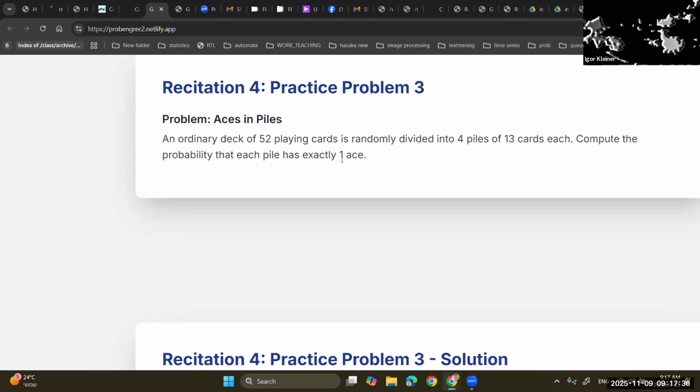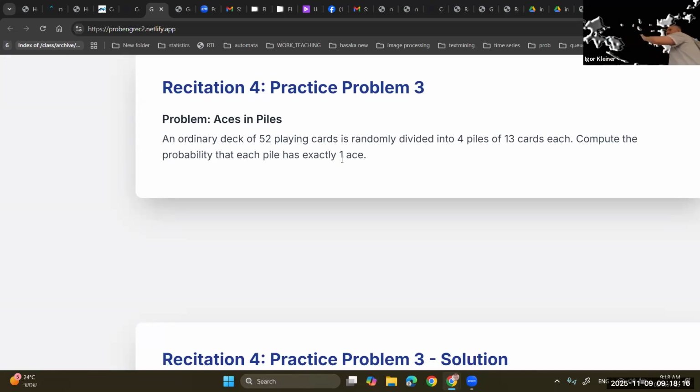It says the probability of the intersection, for example, A1, A2, A3, and A4, equals the probability of A1 times the probability of A2 given A1 times the probability of A3 given A1 and A2, and the last term, times the probability of A4 given A1 and A2 and A3.